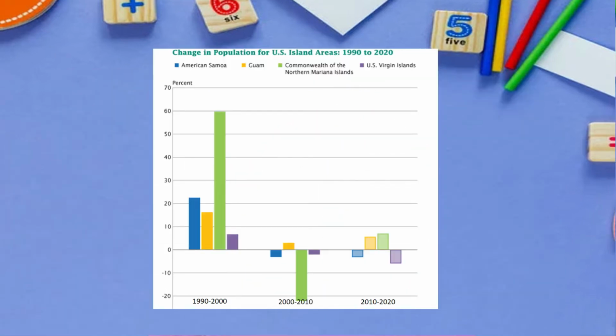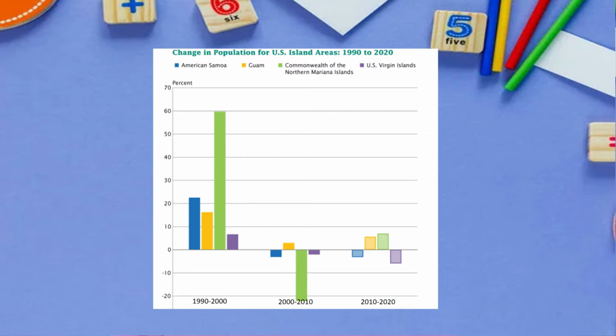Now, which island area saw the greatest change, including both increases and decreases, in its population from 1990 to 2000? What about from 2000 to 2010? That's right. The Commonwealth of Northern Mariana Islands saw the greatest population change, a 60% increase from 1990 to 2000.